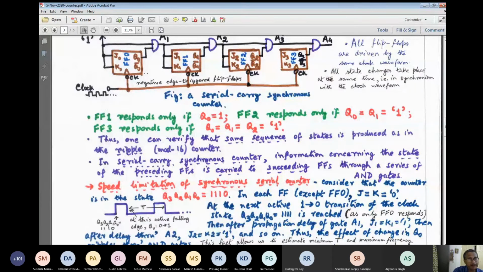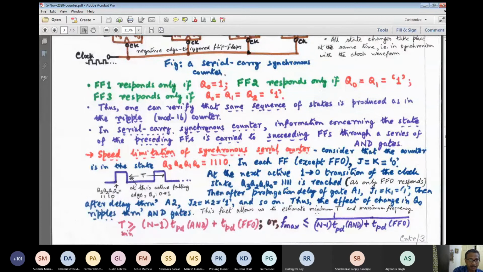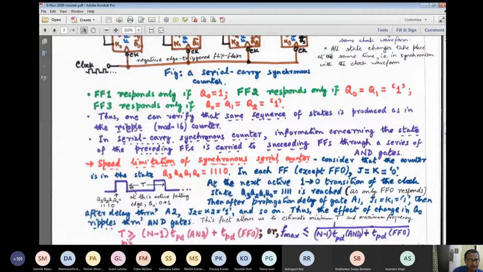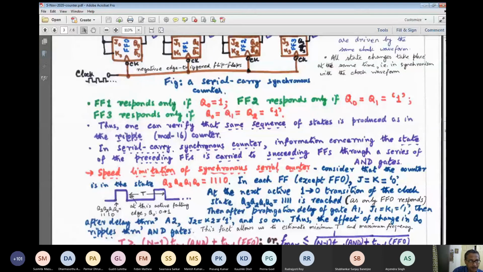And after Q0 becomes 1, first J1 K1 will become 1. Then after the propagation delay of A2, J2 K2 will become 1. After the propagation delay of A3, J3 K3 will become 1. So it will take n-1 propagation delays of the AND gate before all the JK inputs of this system become logic 1. And after that, when the clock has a transition of 1 to 0, immediately all the flip-flops will revert to all 0. Clear?